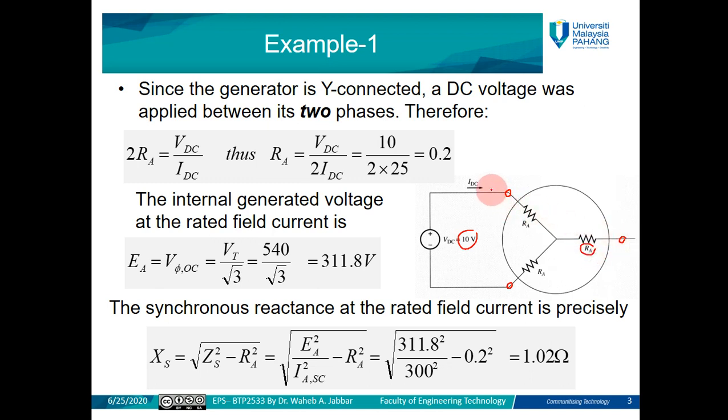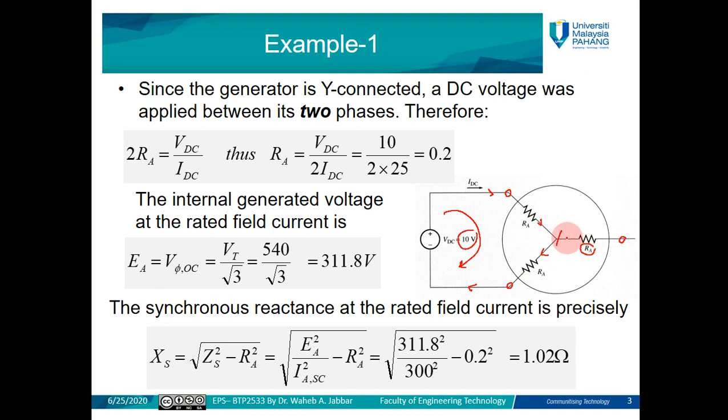The current will go through this line, through this winding RA1, then RA for phase 2, and then return again to the voltage source. This is how the current will go through the circuit. So 10 volt will go through the resistors RA and RA. Both RA are connected in series, because here it looks like it's disconnected or cut.